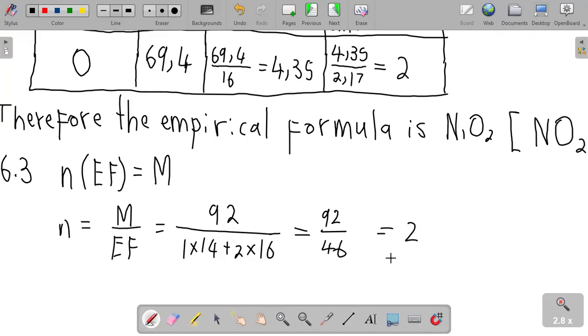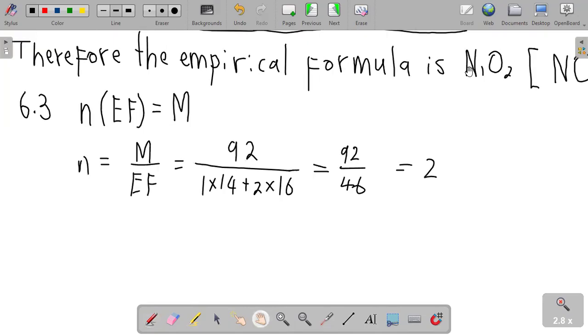So it's going to give us 2. We go to the empirical formula and we multiply by n: 1 multiplied by 2, and 2 multiplied by 2.